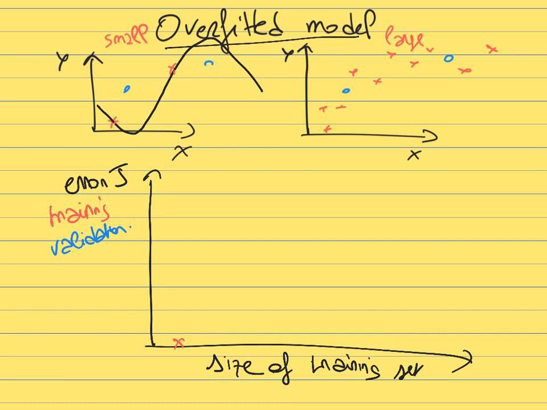However, in this case, because the model just hasn't learned enough, the error for the validation set is going to be very high. So this again is still the same as with an underfitted model. There is no difference. The training set is just too small in this case. The main difference now is going to be what happens when you have a large training set.